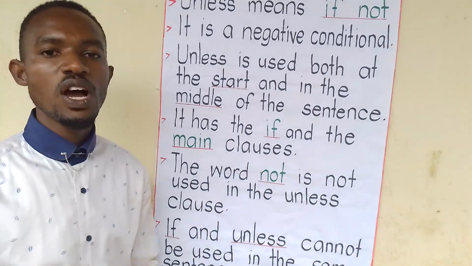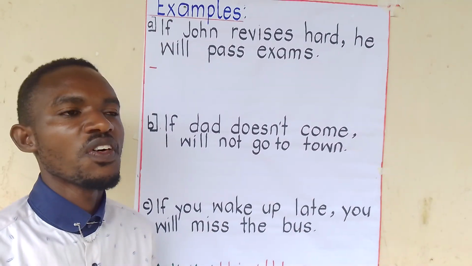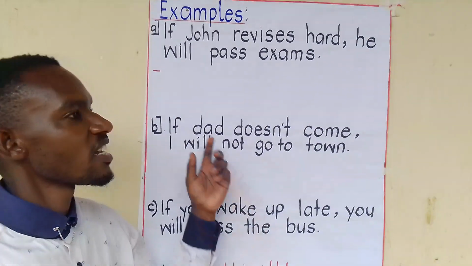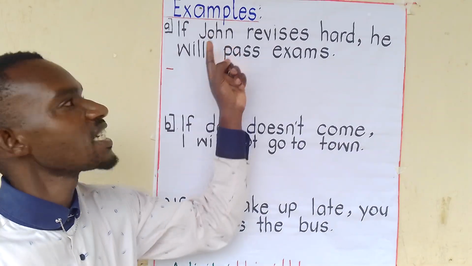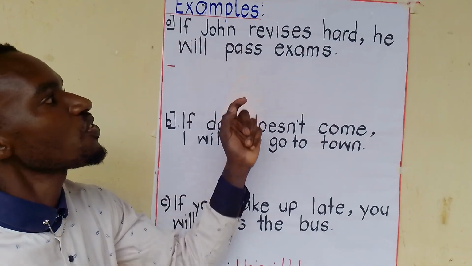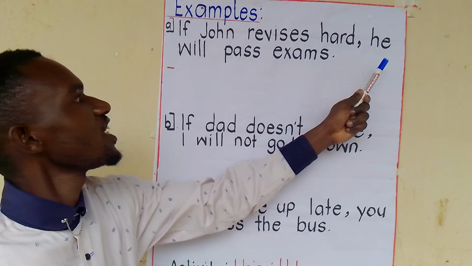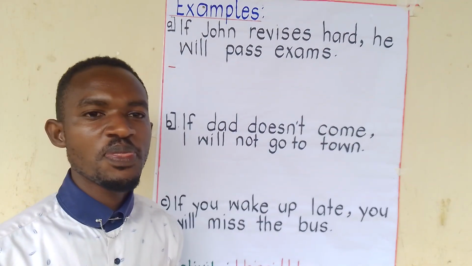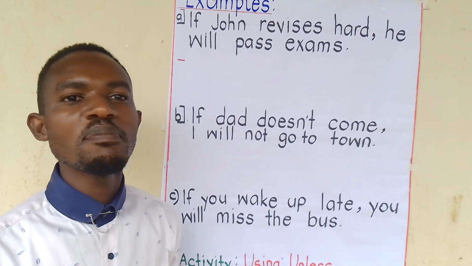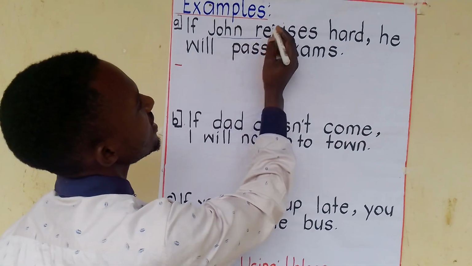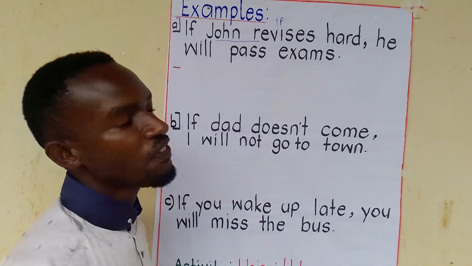Let's go to our examples of using unless. And here we go with example 1. If John revises hard, he will pass exams. We want to know what is the main clause and what is the if clause. If John revises hard, this is the if clause.